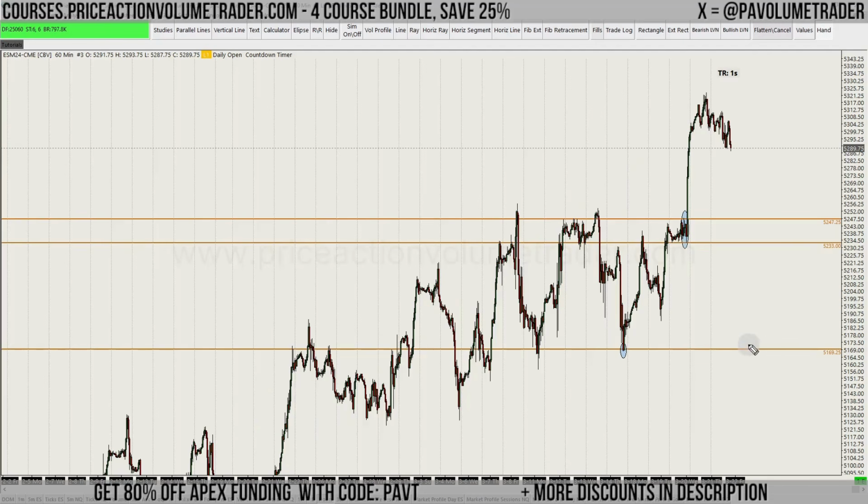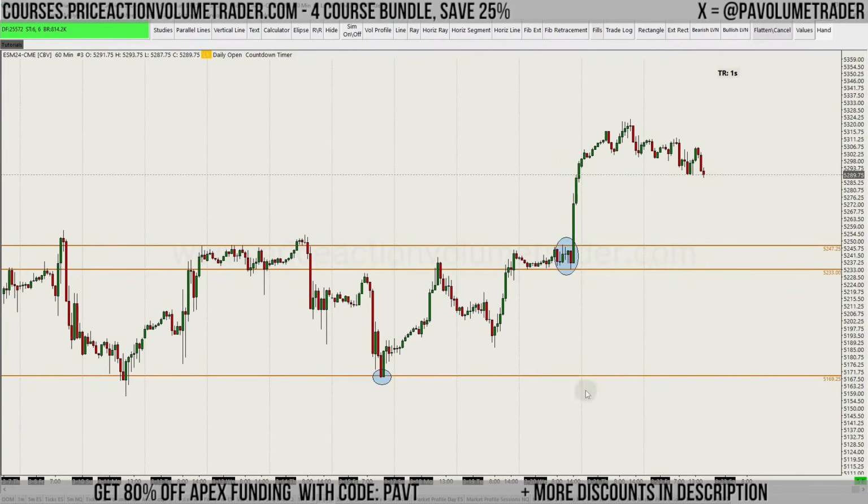And I've marked off here these 3 important support resistance levels. You can see how these levels have been very significant over the last few weeks as both support and resistance areas. And so we are going to talk about 3 instances here.